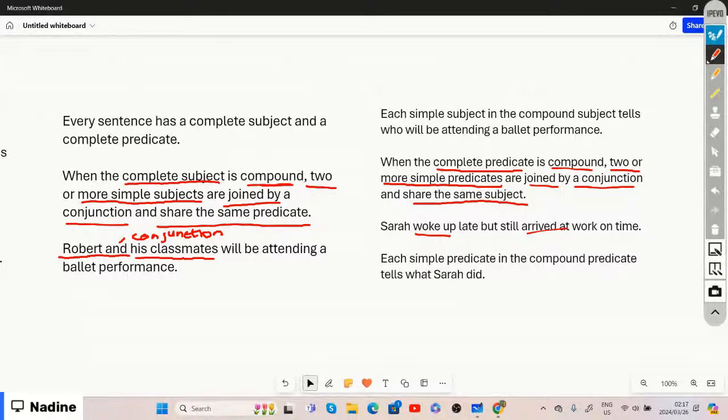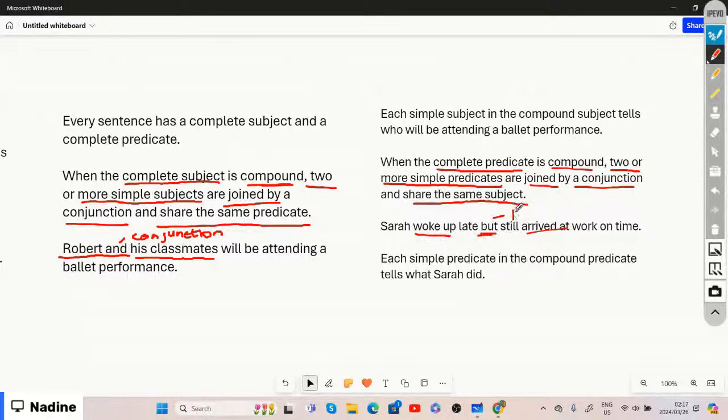And we see the most common conjunctions are words like and, but, or, so. In the case of the complete subject, our conjunction is and, there we wrote it. And when it comes to the predicate, the conjunction that joined these two predicates is but.